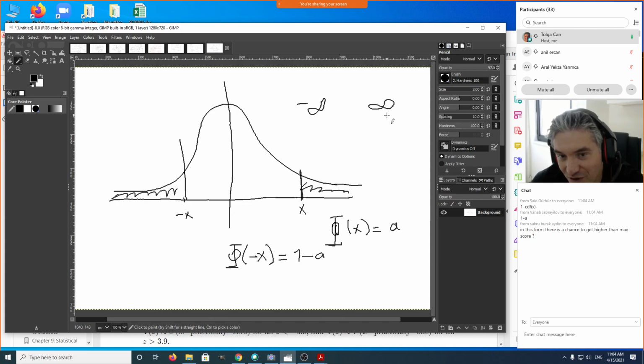So if we say that the grades are normally distributed with mean 80 and standard deviation 20, you're absolutely right. It means there's a non-zero probability to get a grade of 200. Actually, in our case, it's impossible, right? We have a maximum grade.